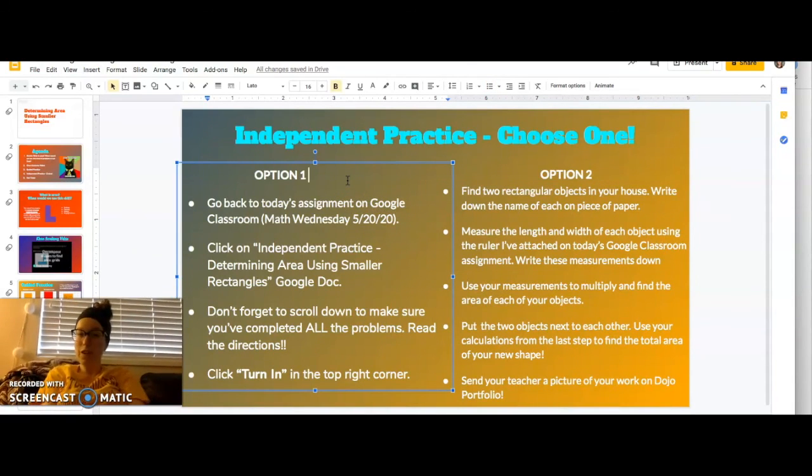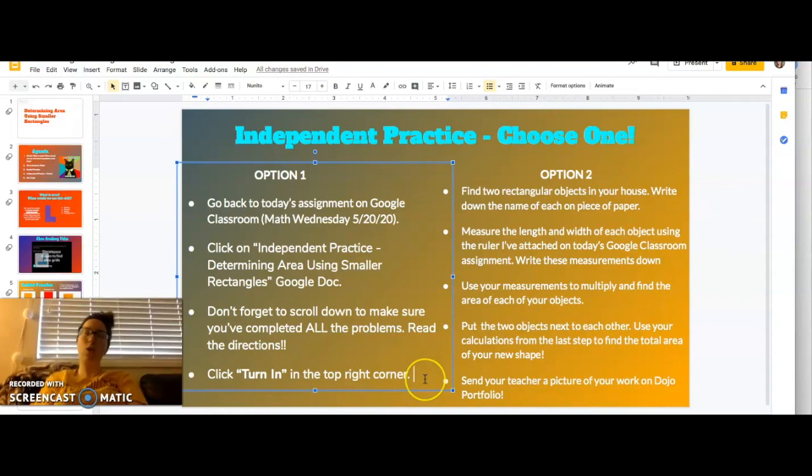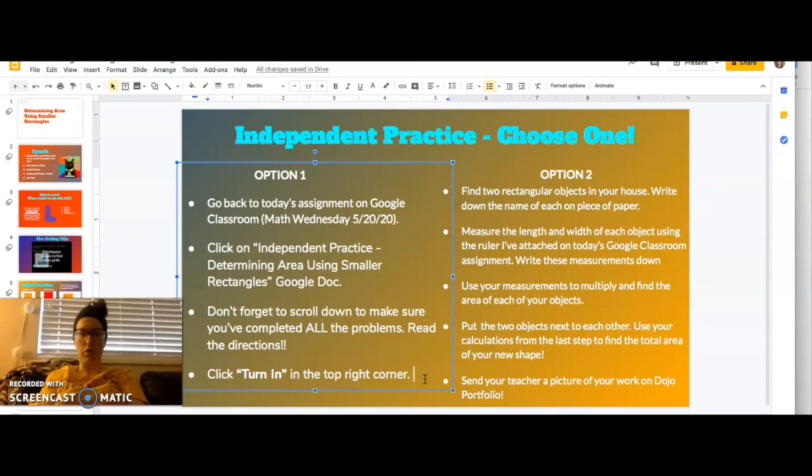If you're confused on the directions, just leave a private comment for your teacher and say, Miss Peglarani, Miss Hill, Miss Fateri, I'm confused on the directions, okay? We'd be more than happy to help you, but don't just skip it if you don't understand the directions. And then you're going to click turn in the top right corner when you're done, or you can wait until you're done with the whole assignment and just turn in the whole assignment on Google Classroom. That works too, probably easier.